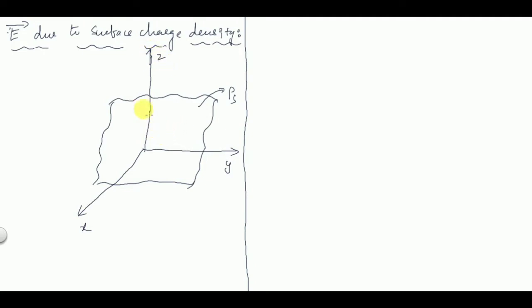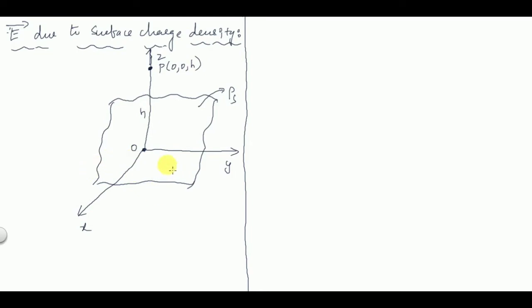I'm taking this as origin and a point here on the z axis as (0, 0, h). That is, the distance here is h.